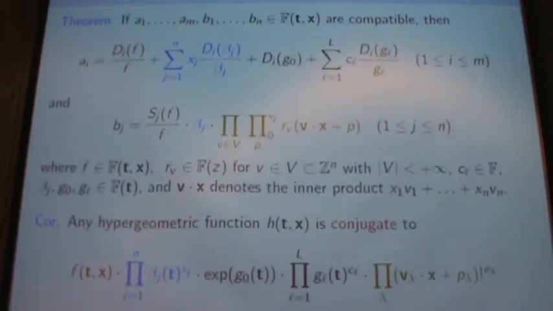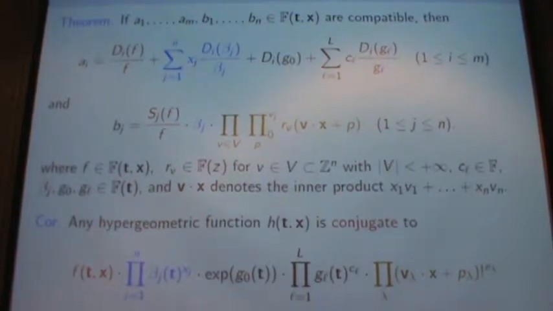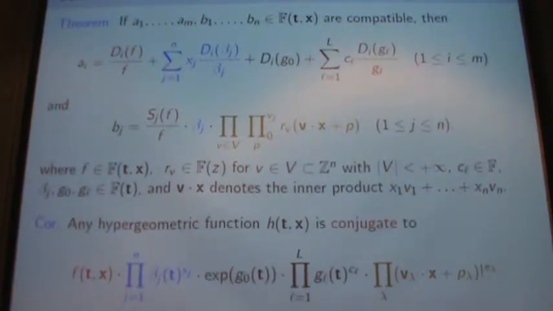If A1 to Am, B1 to Bn satisfy the compatibility conditions as in the previous slides, then we can get an additive decomposition of the certificates with respect to the continuous variable, and a multiplicative decomposition of the certificates with respect to the discrete variable.